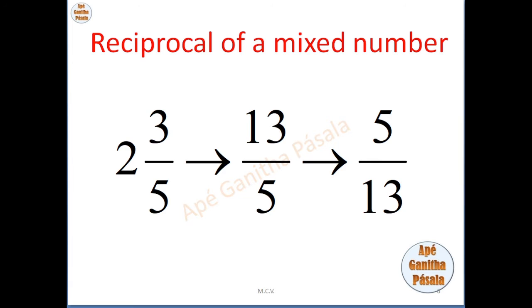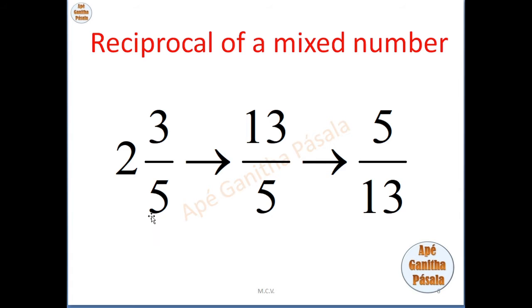Now let's see how to get the reciprocal of a mixed number. Why do we call this a mixed number? There's a whole number part and a fraction. So this is a mixed number, 2 and 3/5. How can you remember how to convert a mixed number into an improper fraction?